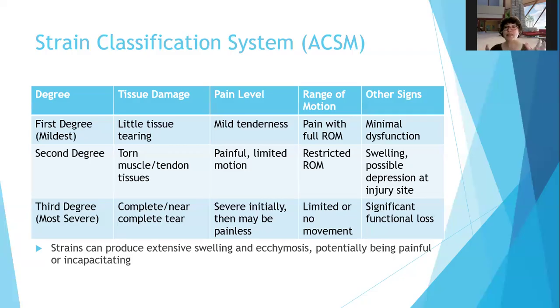So strains can be really painful. And the good thing is, though, muscles have great blood supply and they heal fast. Tendons, a little less blood supply, don't heal quite as fast. So depending on the degree of the strain, it can be pretty mild to pretty severe.